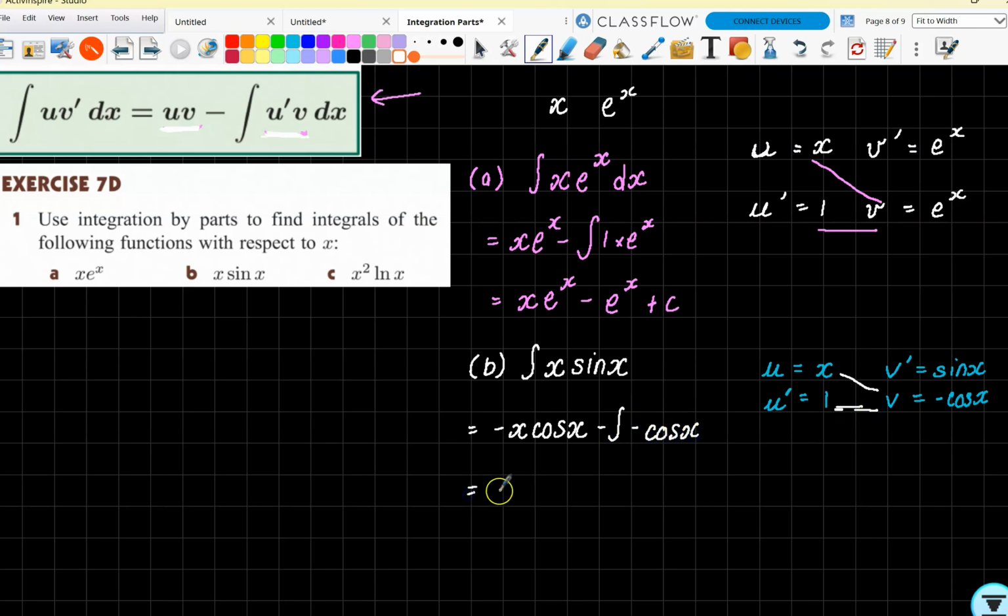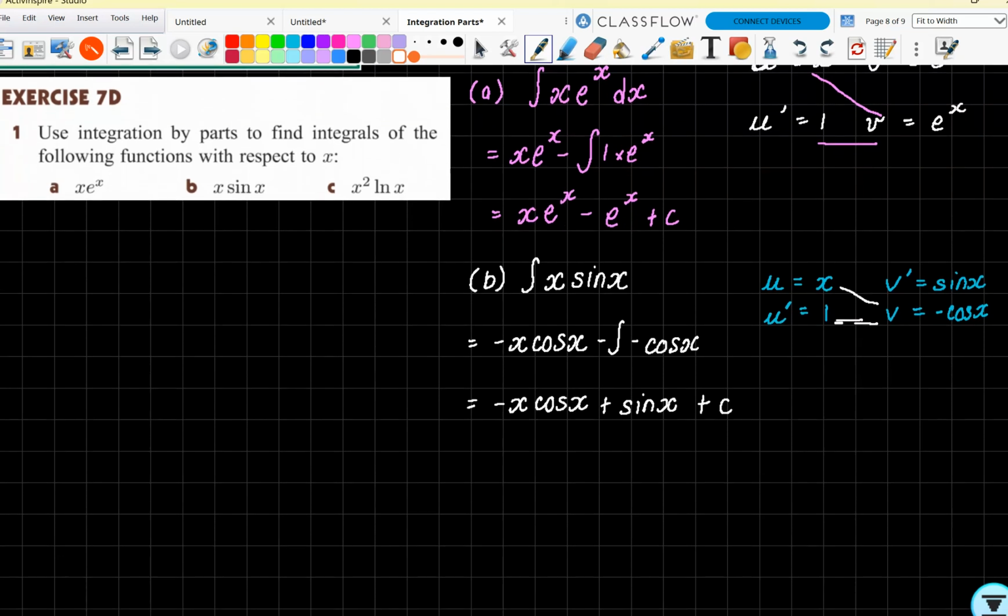Okay, so that's minus x cos x. And now what is the integral? We've got a negative and a negative, so that means positive. The integral of cos x is sine x, so that becomes plus sine x. And don't forget our friend, your friend and mine, plus c.